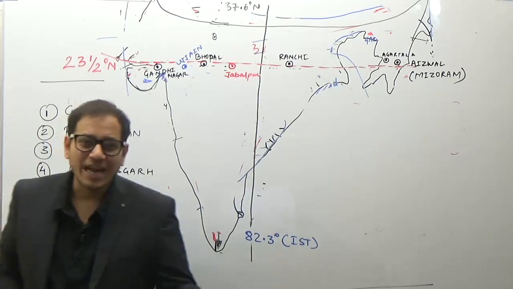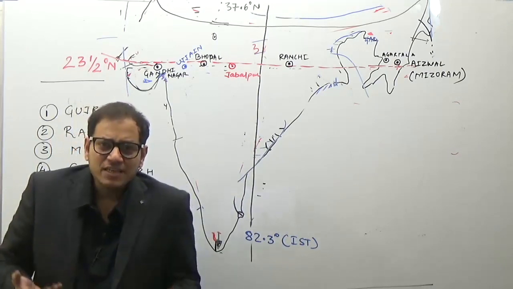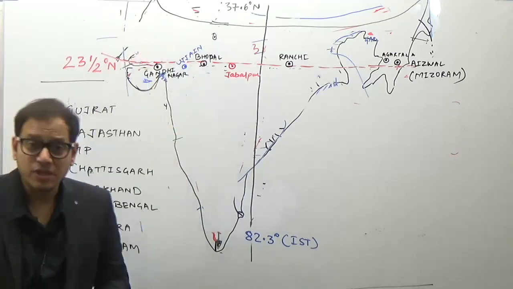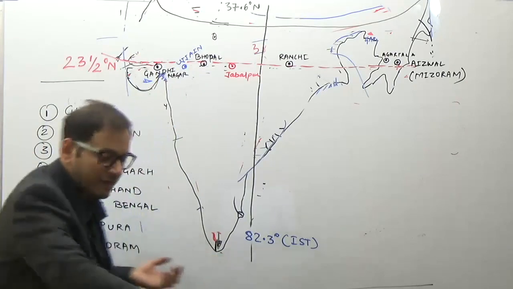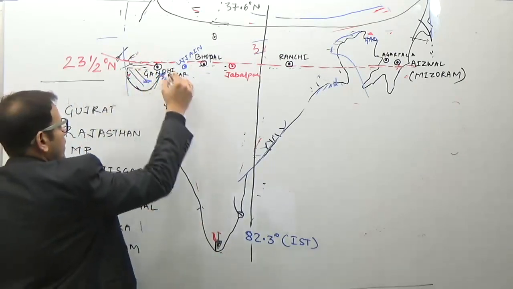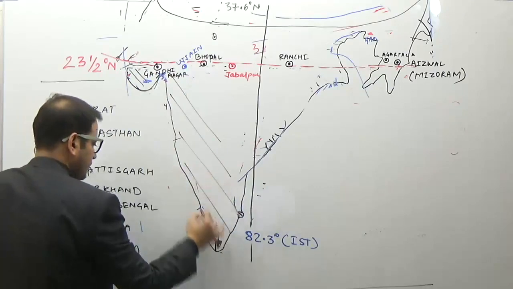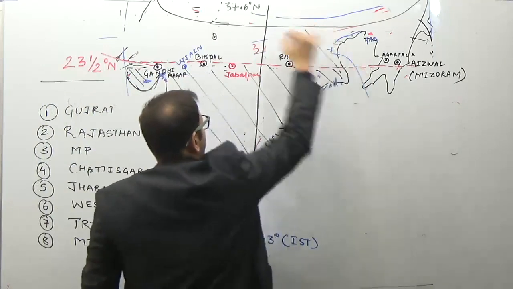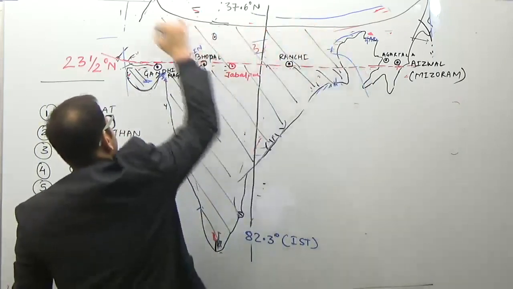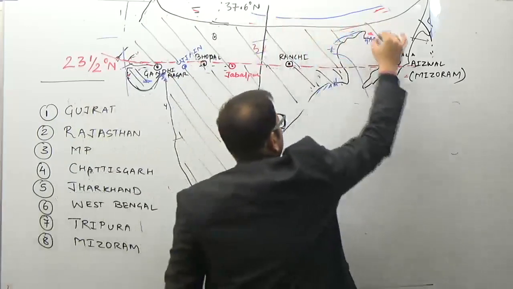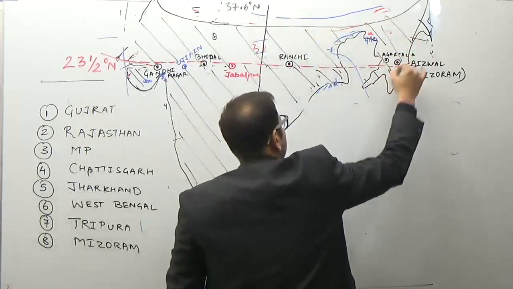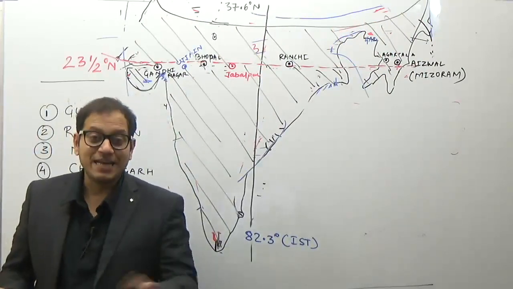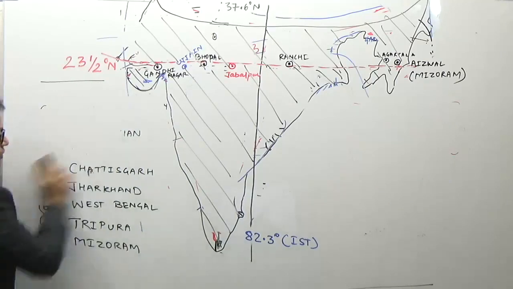Now let us look at the dimensions of India. Obviously, the territory which is to the north of the Tropic of Cancer and the territory which is to the south of Tropic of Cancer.